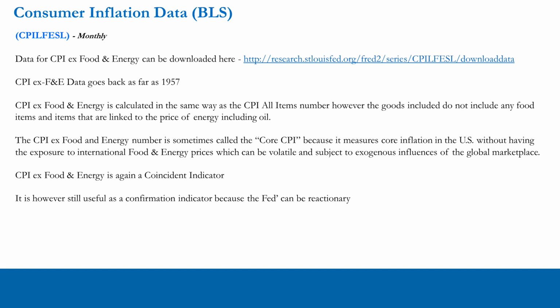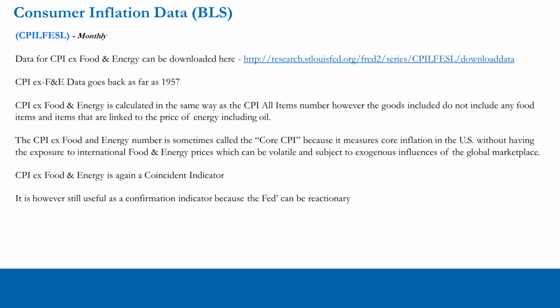The Fed can also be reactionary. And it's just knowledge that we must have. We need to know at any one moment in time, as traders and PMs, what is actually happening with inflation in the economy. So that's how inflation is measured in the US for consumers.